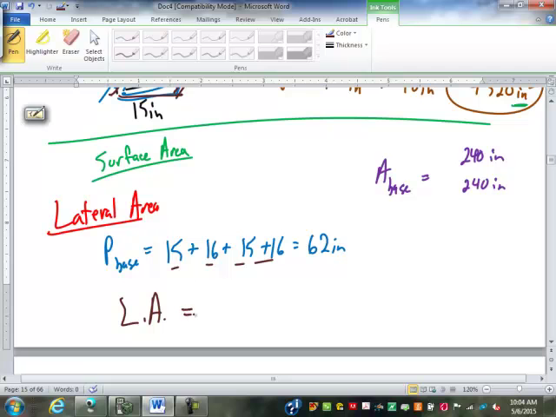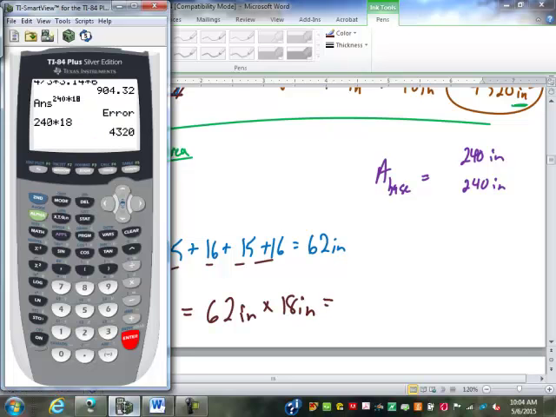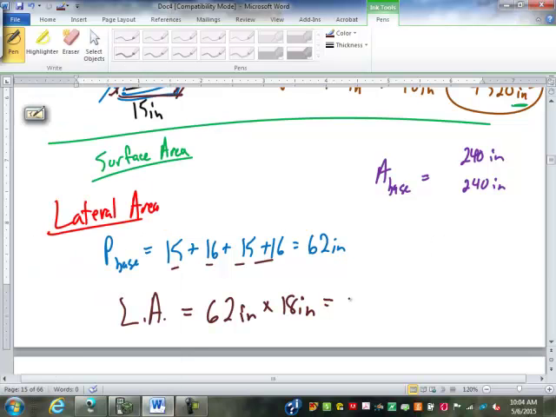So here's our lateral area. I wish I could get rid of this cough today. Of 62 inches, the perimeter base, times our height of 18 inches, which is 1116. Wait, you said 62 the height, right? Yep.